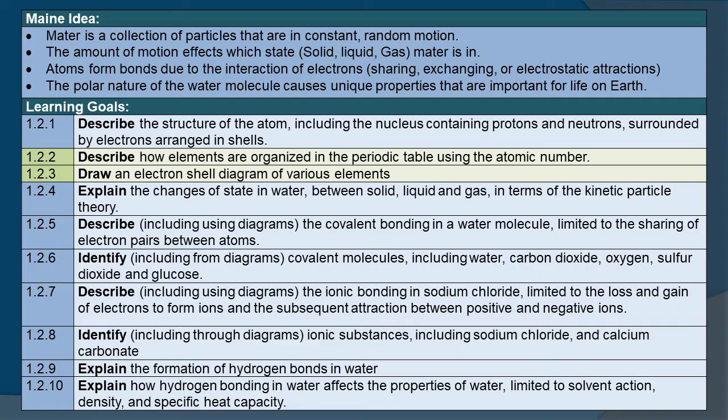Also, that the amount of motion affects which state, solid, liquid, or gas, matter is in. Atoms form bonds due to the interaction of electrons, sharing, exchanging, or electrostatic attraction. The polar nature of water molecules causes unique properties that are important to life on this planet. Now that we know what we're up for, let's get started.